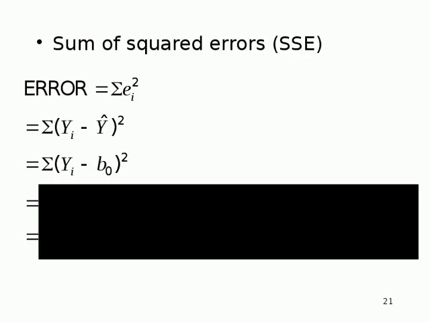What's the error? y sub i, which was what? This is the data, remember. And what was the equation before? Error is equal to data minus model, right? And the model we denoted by y hat.